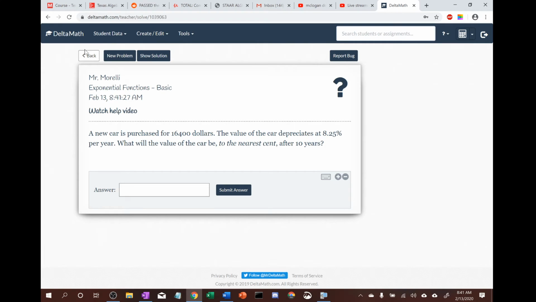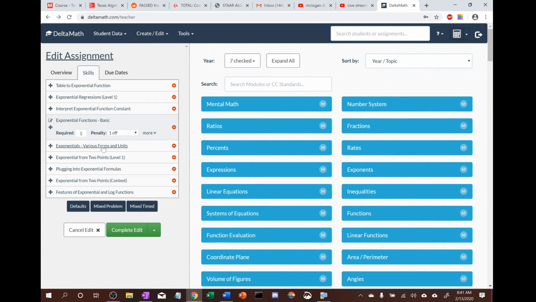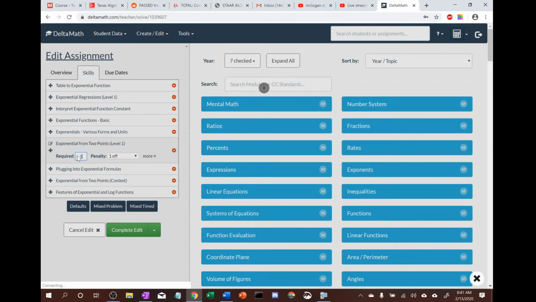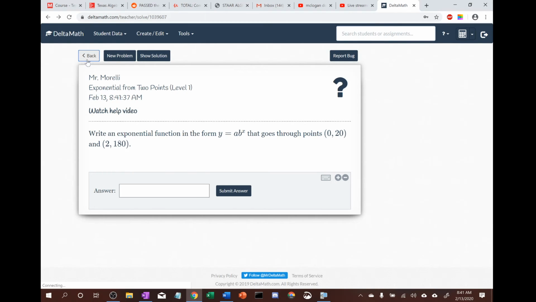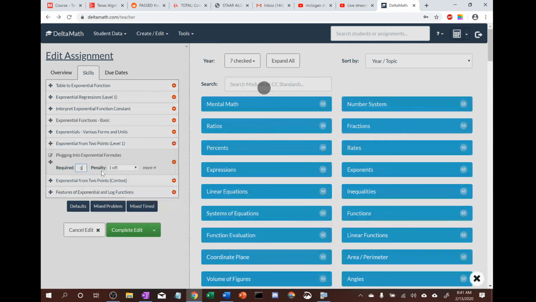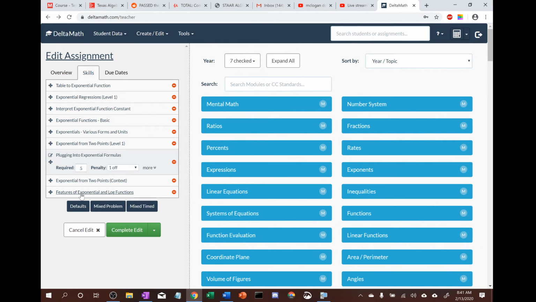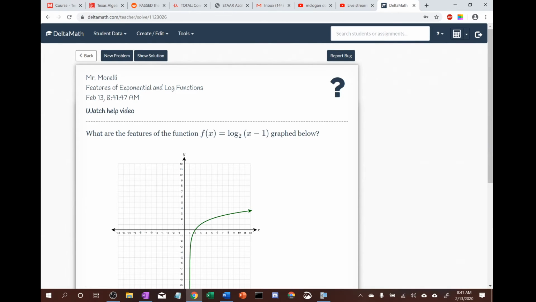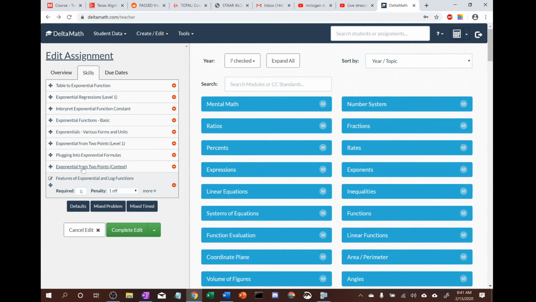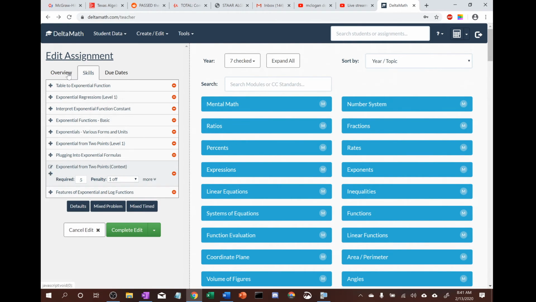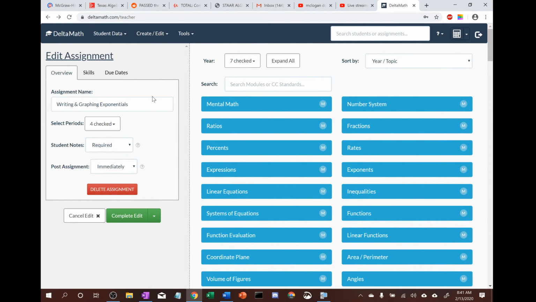Let me see if I've even taught you enough to do any of this homework. Haven't taught you this stuff yet. Nope. So guess what? There's no homework. So that one I wouldn't do. Writing and graphing exponentials. We'll learn that tomorrow.